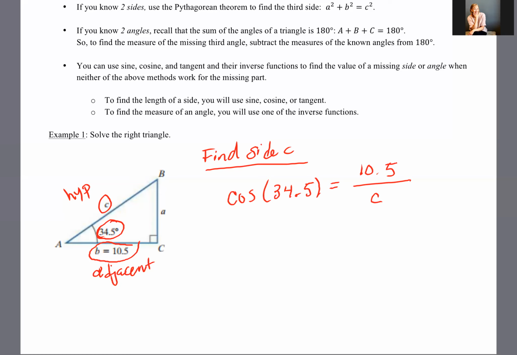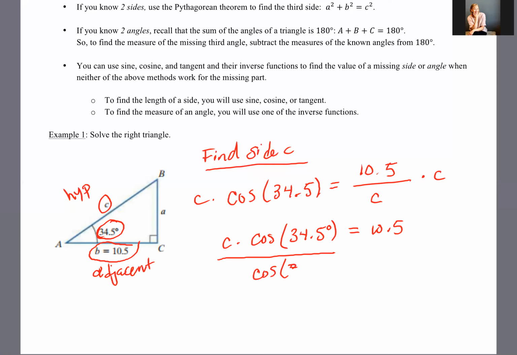I don't like it in the denominator, so I'm going to multiply both sides by C. I have C times the cosine of 34.5 degrees is equal to 10.5. Then second, I can divide both sides by whatever C is being multiplied by to get C by itself.